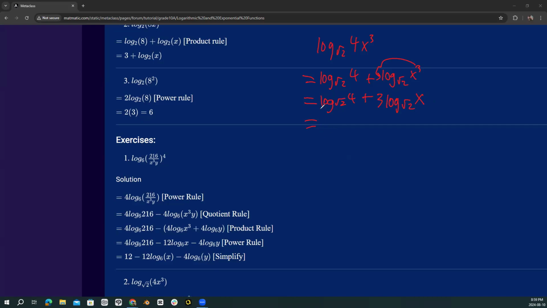So this would just become log base square root of 2 of the square root of 2 to the power of 2, and these essentially just cancel. Wait, no. Okay, my bad. Hold up.